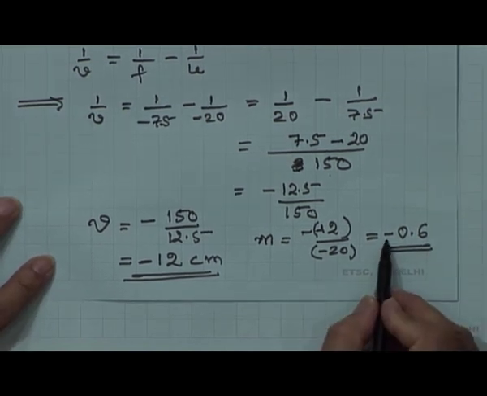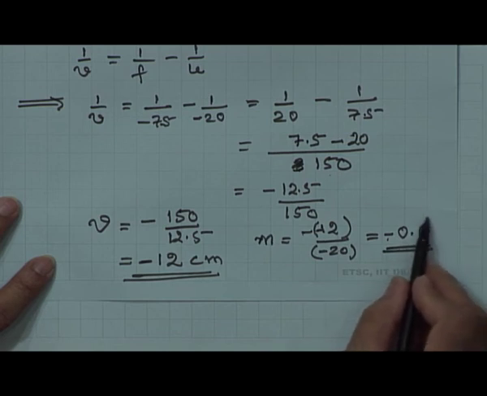This implies it is an inverted image and the mod m is less than 1, which means it is a demagnified image.